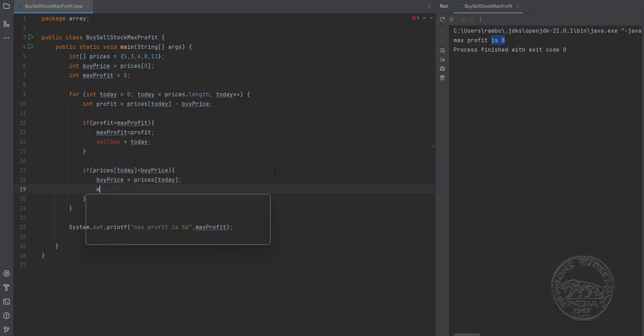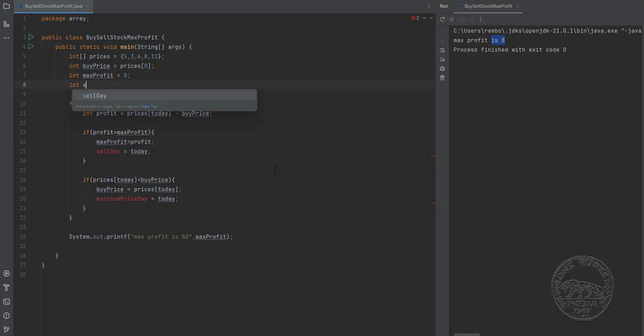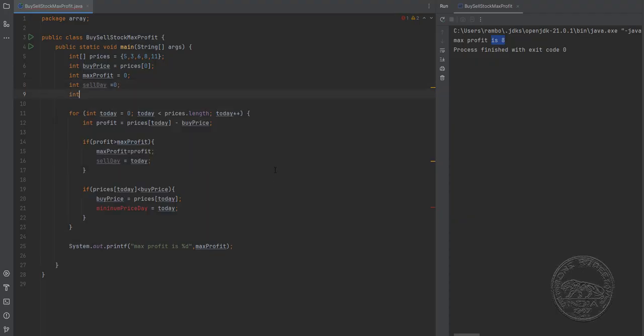So maybe the minimum price day, we are going to set it as here. So let's have our two variables defined. So int sell day is 0 and int minimum price day equal to 0 as well.